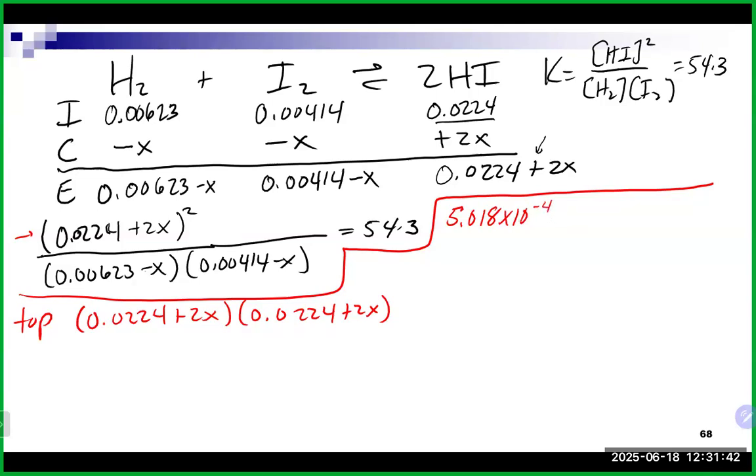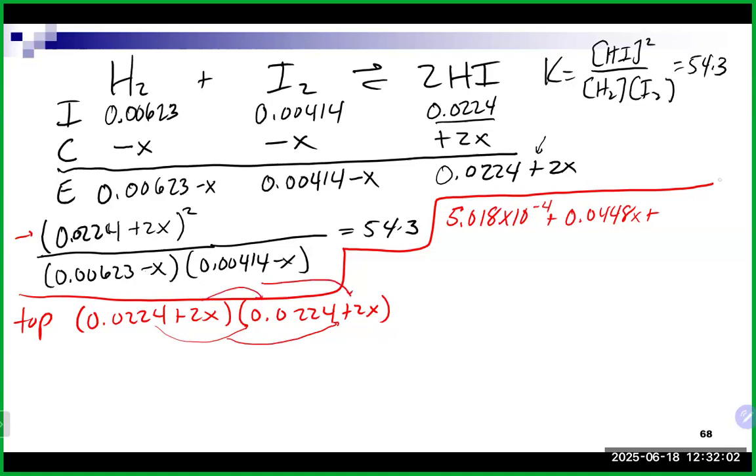We will then have plus 2 times 0.0224, which is 0.0448.